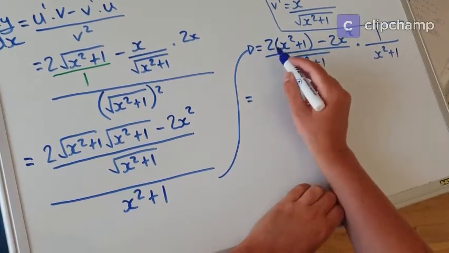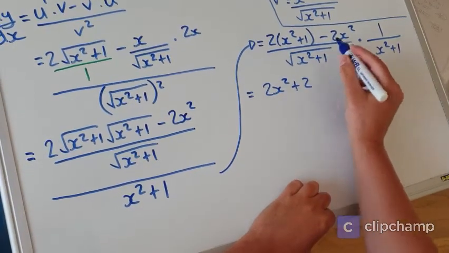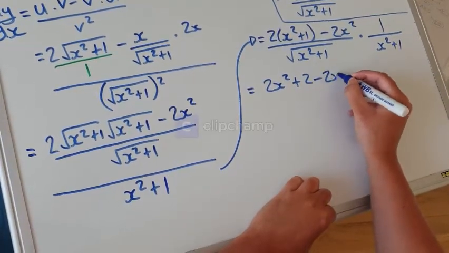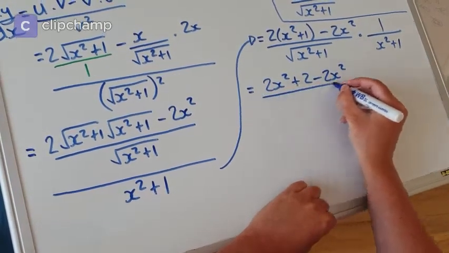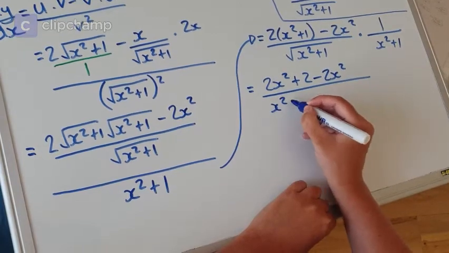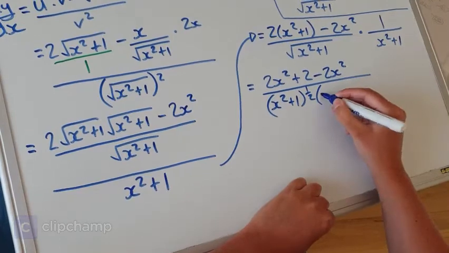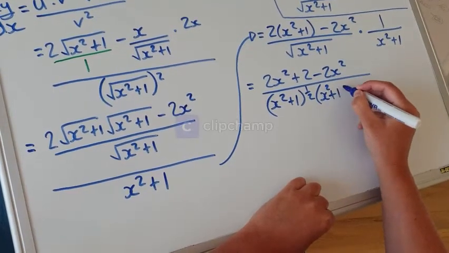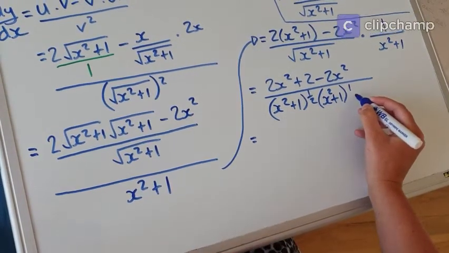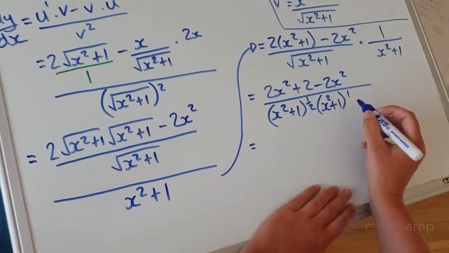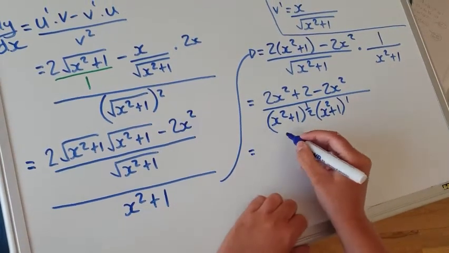So if we watch, the 2 times x squared is 2x squared plus 2 minus this 2x squared, and timesing all of that by 1 doesn't change it. But I'm going to have x squared plus 1 to the power of a half times x squared plus 1 to the power of 1. Now we normally don't write a power of 1, but you'll see why I'm going to do that. So my 2x squareds cancel on the top, so I'm left with 2.